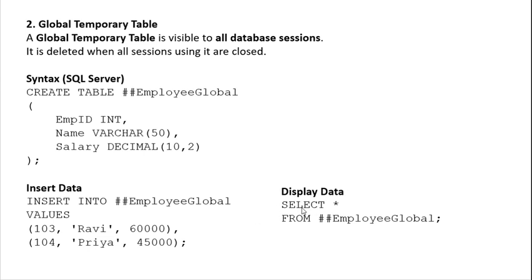And to display the data, use SELECT * FROM, the double hash sign, and the table name and a semicolon. So the local temporary table uses only one hash sign before the table name, and the global temporary table uses two hash signs before the table name.